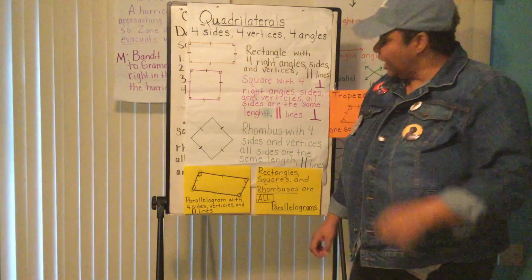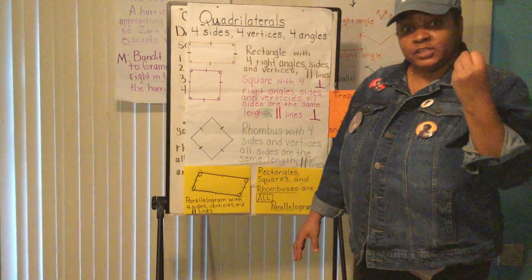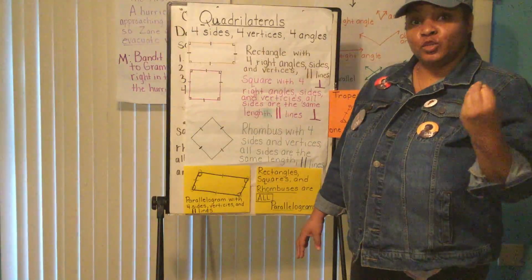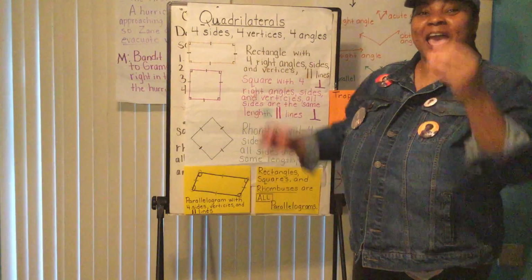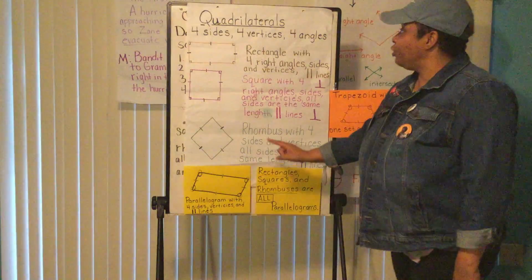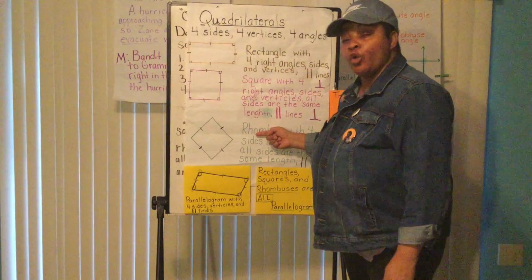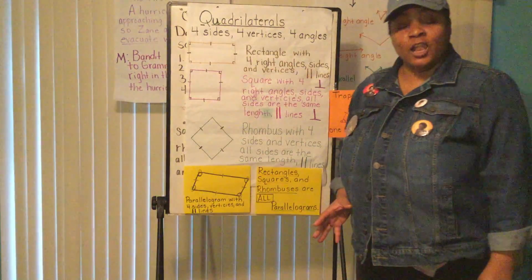Now, wait a minute. Let's go down to this parallelogram. We know that this parallelogram is a quadrilateral, but hold on. I can also describe a rectangle, a square, and a rhombus as parallelograms.